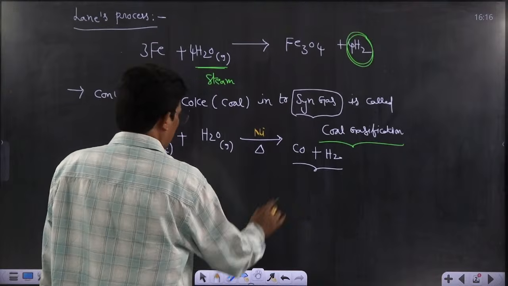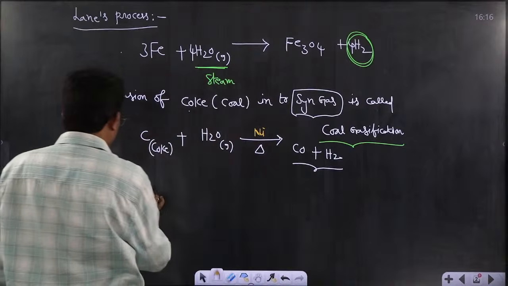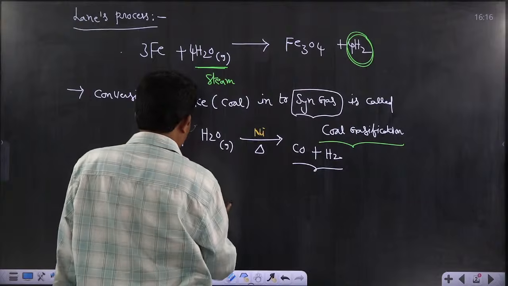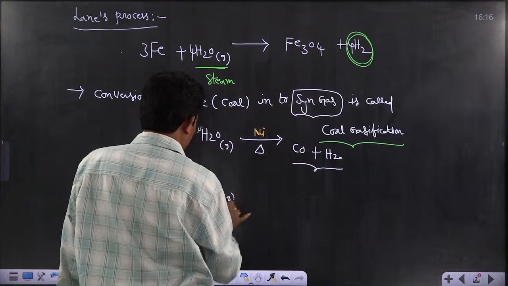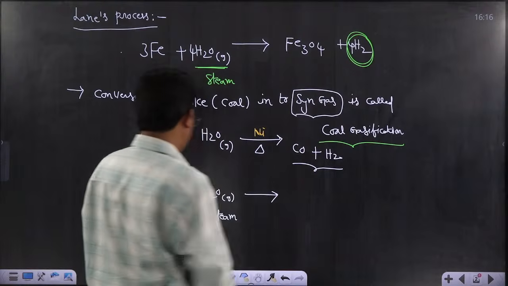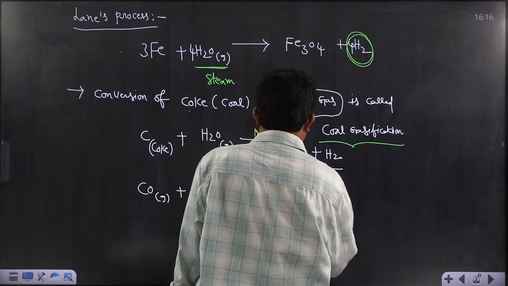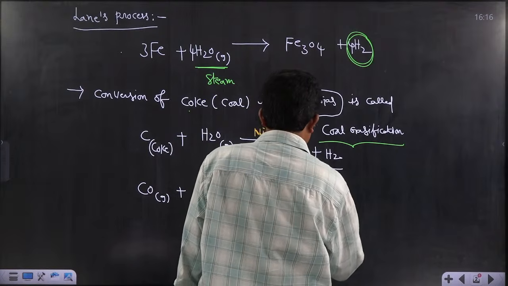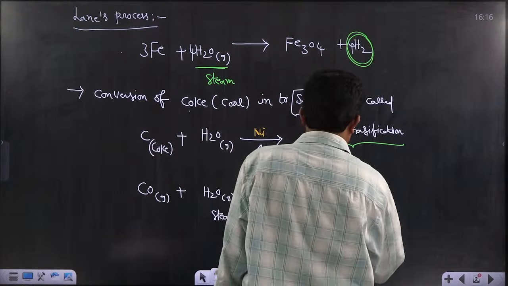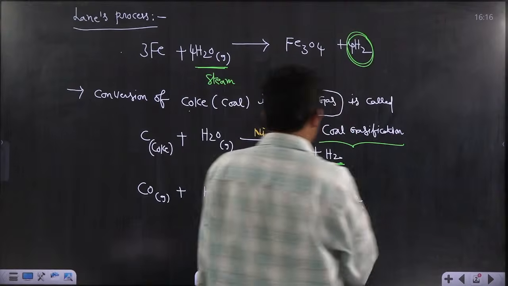Here the carbon monoxide produced in the above reaction is again treated with steam. We get carbon dioxide gas along with hydrogen. In all these reactions, hydrogen is produced.